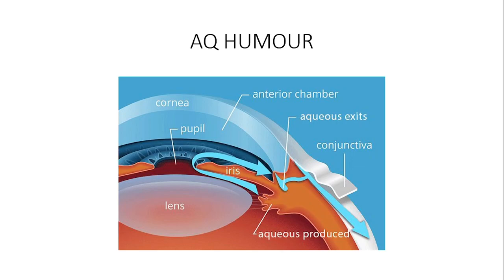Glutathione is a substance which arrests apoptosis. So if your aqueous humor is rich in glutathione, it means that you might not easily develop cataracts. You might not easily develop corneal opacity, because it will arrest programmed cell death.